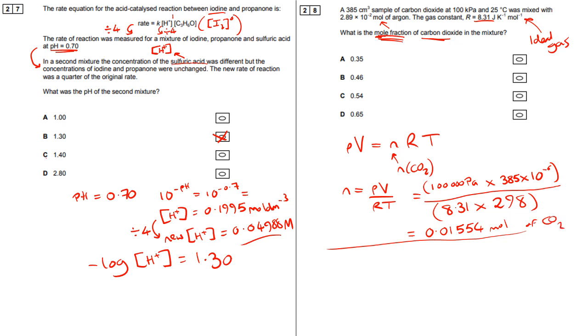How do you work out the mole fraction? So the mole fraction of CO2 is the moles of CO2 divided by the total moles in the mixture, which is why we were told the moles of argon earlier. So the moles of CO2 is 0.01554 divided by the total moles in the mixture, which is the moles of CO2 plus the moles of argon, which we get from the question, 2.89 times 10 to the minus 2, or 0.0289.